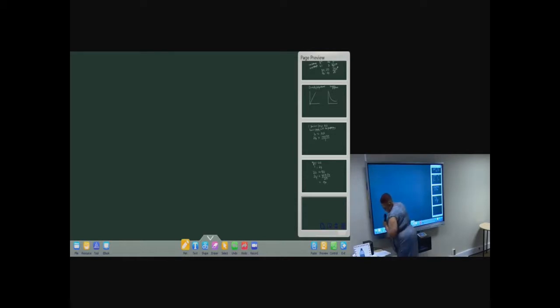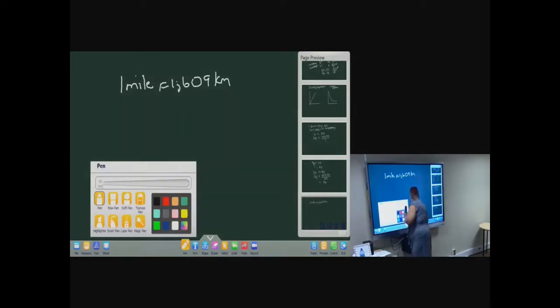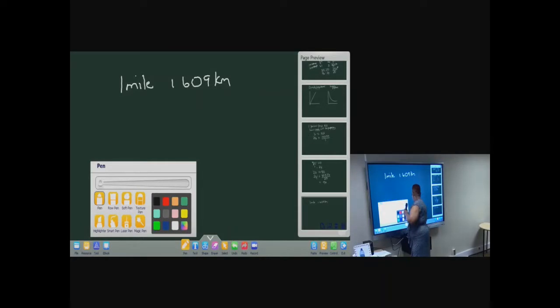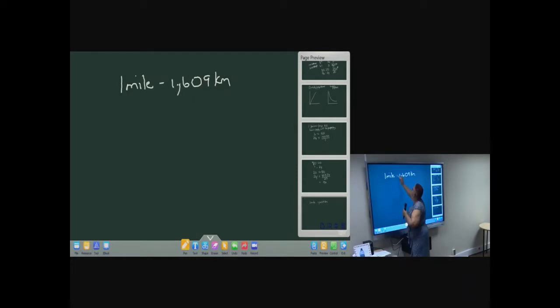Let's say another example you are given. 1 mile is equal to 1,609 kilometers.